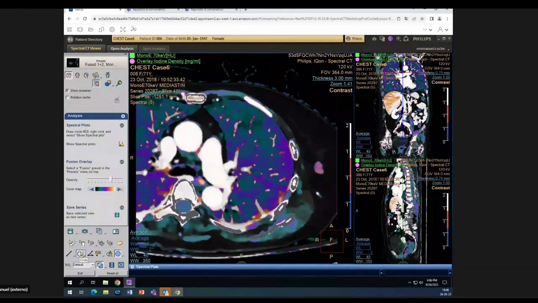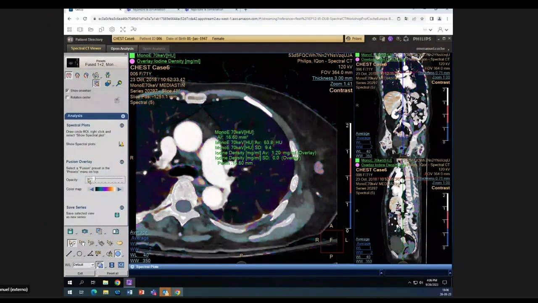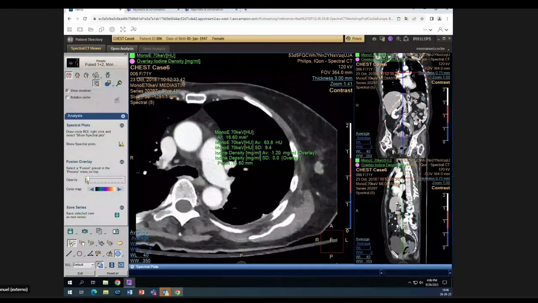You take your circle region of interest, you draw your circle, and you see that iodine density was 1.2 milligram iodine per milliliter.